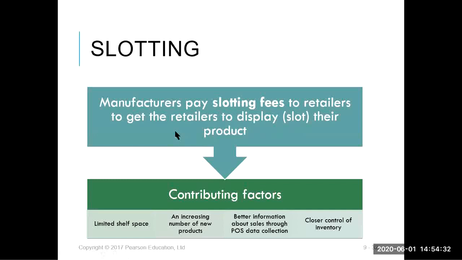Example, Dutch Lady, previously you could see Pampers, what else? They can choose which area they would like the retailer to display their product. Of course they will choose the area or slot that is highly exposed to the customer.